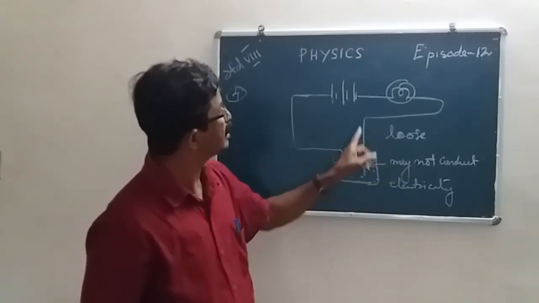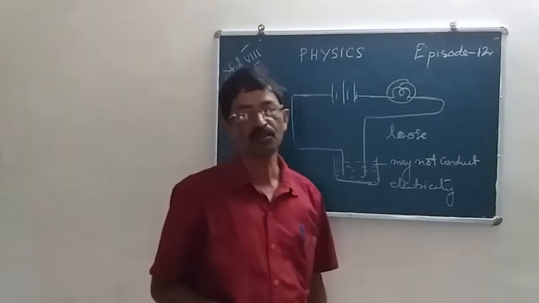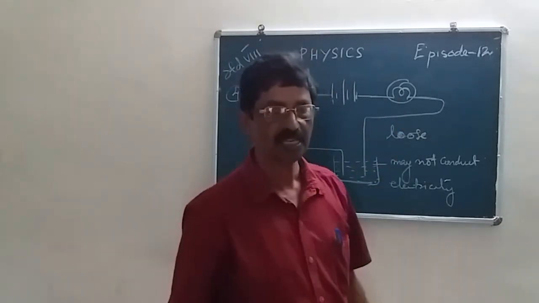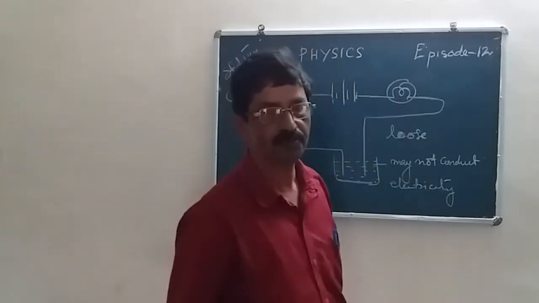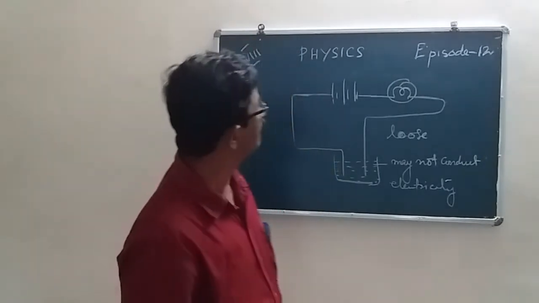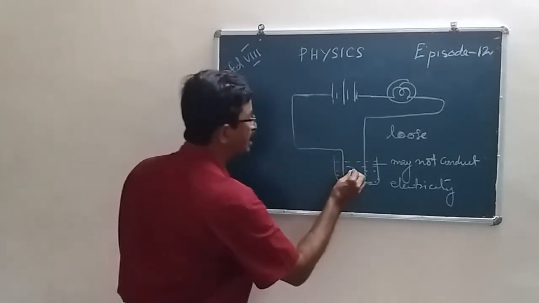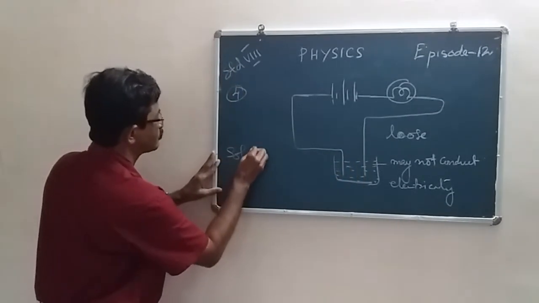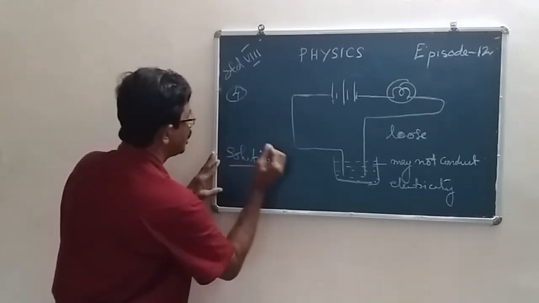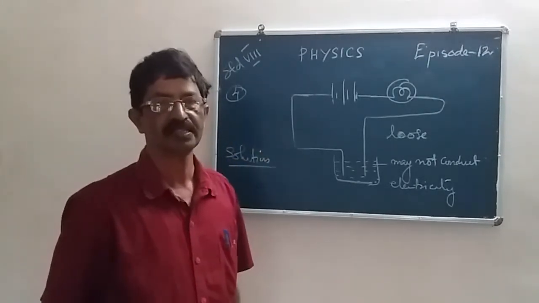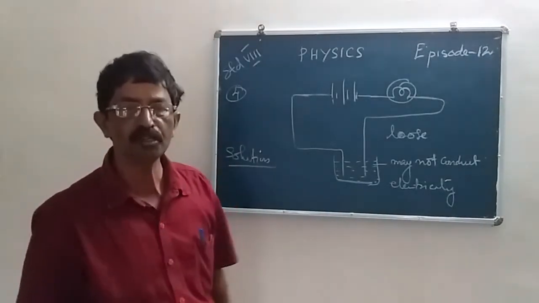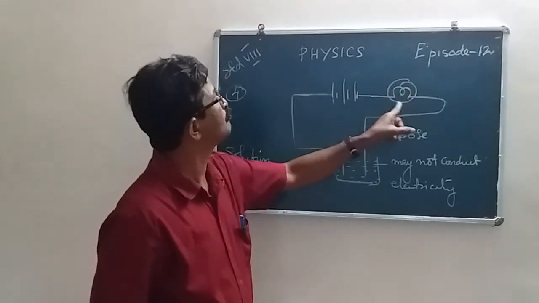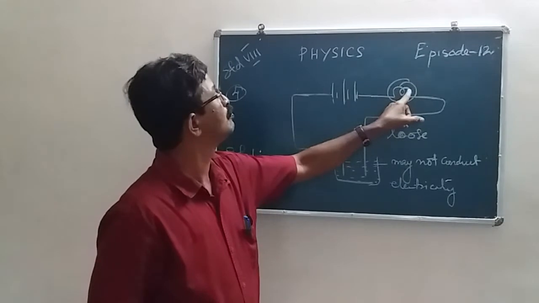Another reason, the connections we made here are not tight, or may be loose. Due to a loose connection, the bulb may not glow. Then another reason: even though this solution conducts electricity, that electricity is not sufficient to heat up the filament to emit light.